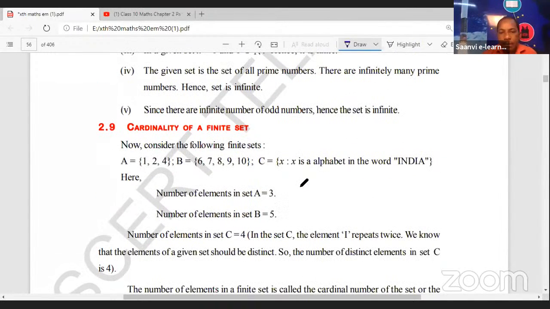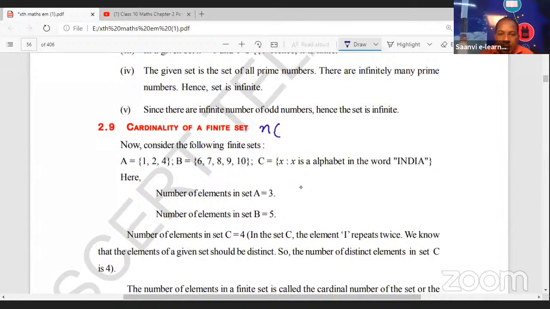cardinal number of a set. Cardinal number of a set is nothing but, in the given set, how many elements are there. The number of elements is called the cardinal number of the set. This cardinal number of a set we denote by n(A).